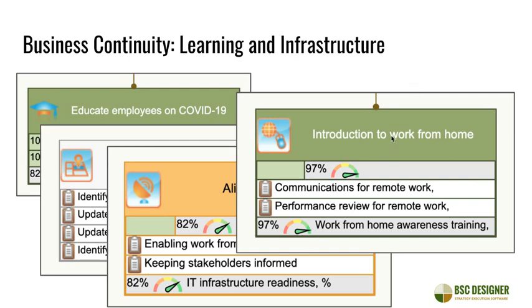The lagging indicator for this goal will be the percent of employees who pass this work from home training, awareness training. So again, it's quite a simple indicator, but it's some starting point. Now let's move to the internal perspective.